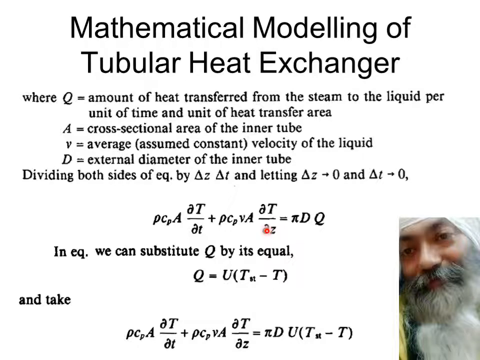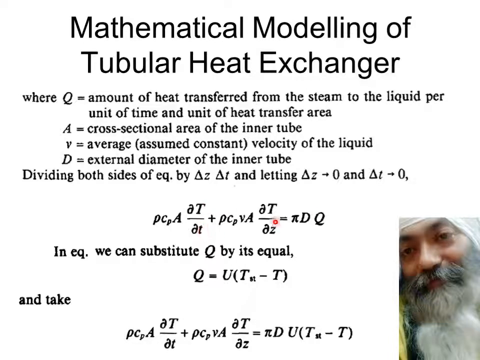So this is the point to be noted, and of course this, if you see, was nothing but pi into d into q. We will put the value of q in the next step, but right now you focus over here. What's happening? This is something of utmost importance in this particular mathematical modeling, where we have the rate of change of temperature with respect to time.